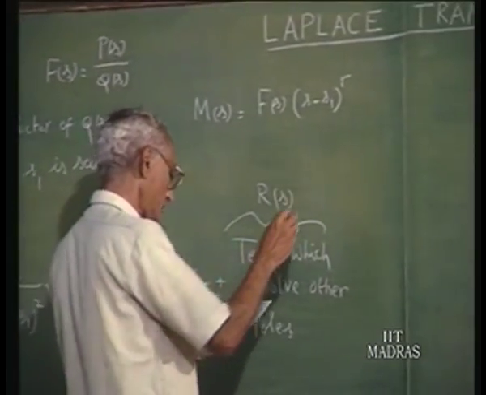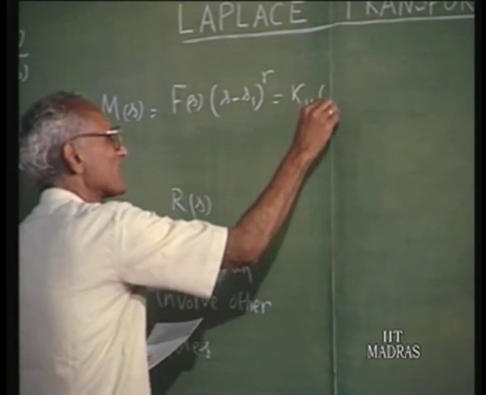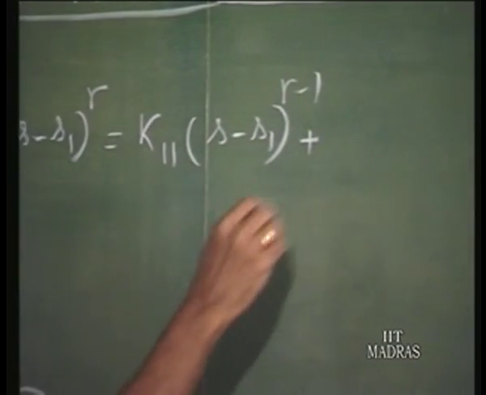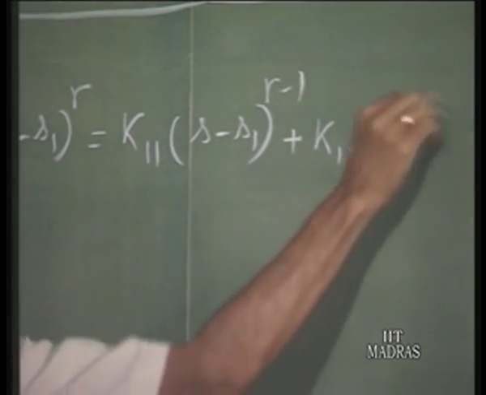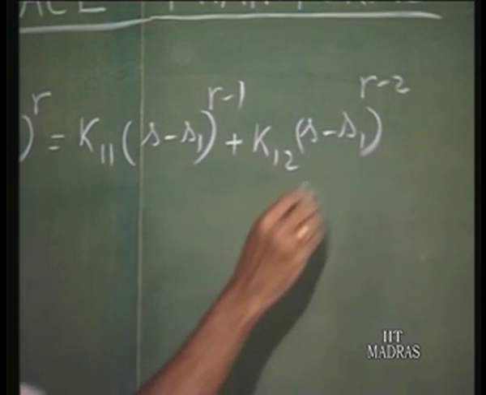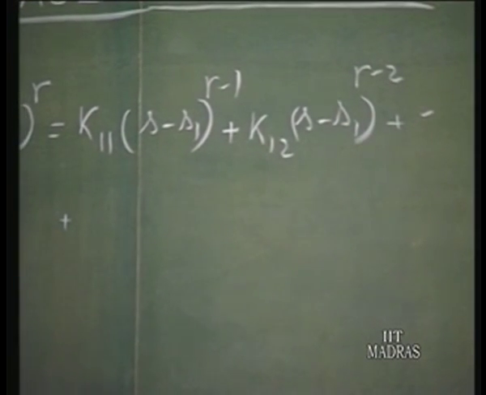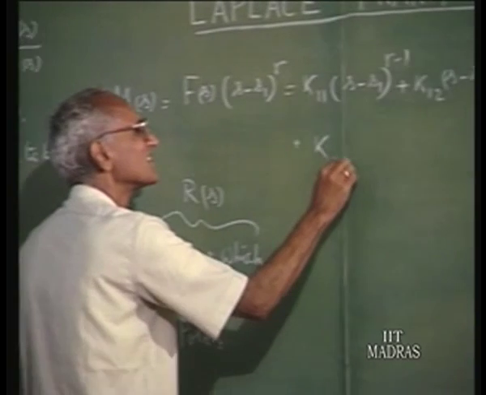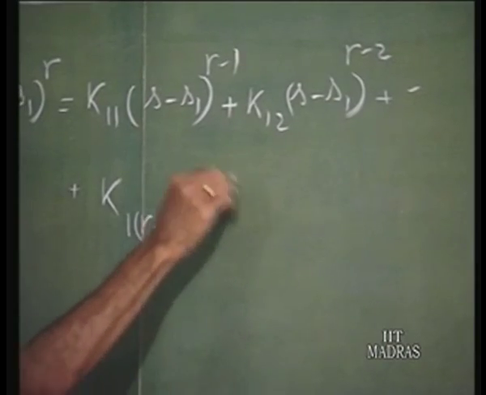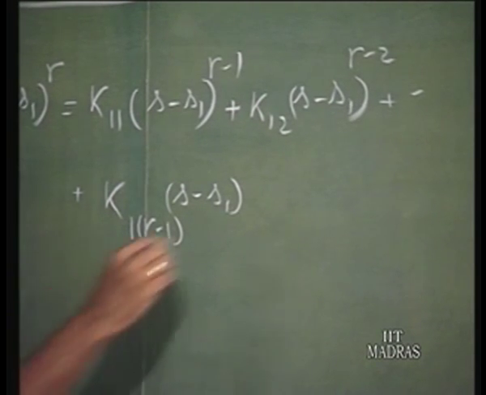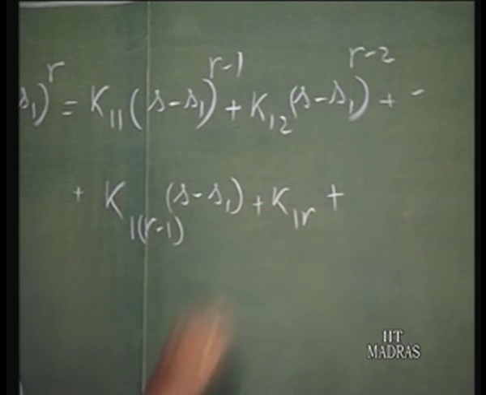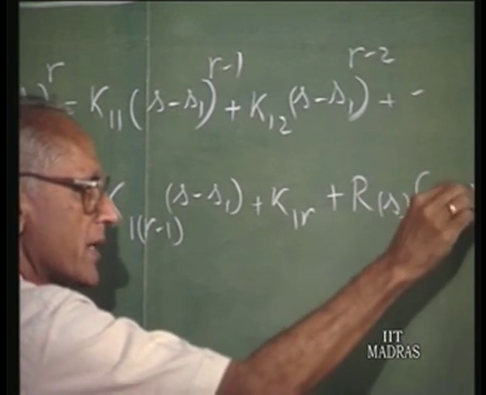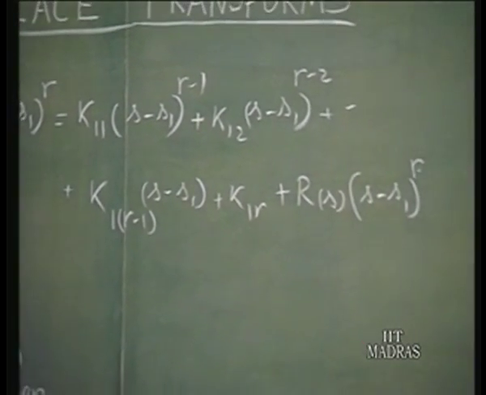Therefore, that will turn out to be k11 times (s minus s1) raised to the power of r minus 1 plus k12 times (s minus s1) raised to the power of r minus 2, down the line, plus, coming to the last two terms, k1(r minus 1) times (s minus s1) plus k1r, plus this entire group of terms R(s) multiplied by (s minus s1) raised to the power of r. That is how this M(s) would look like.